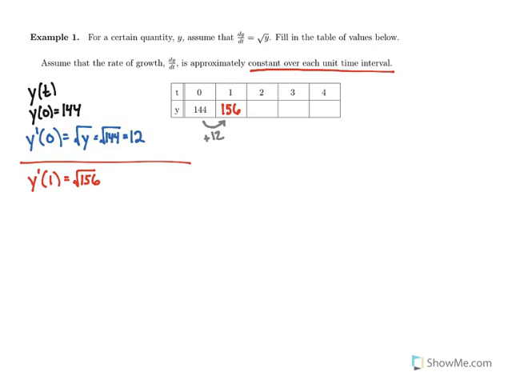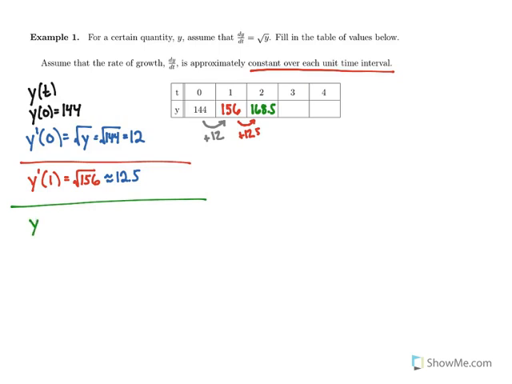We'll say also square root of 156 is about 12.5. So on the second interval, we are going to add 12.5 to get our next value. So our next function value is 168.5. And we're going to rinse and repeat a few more times.